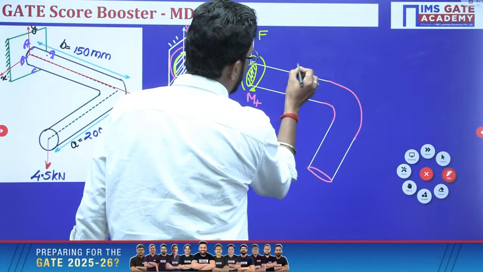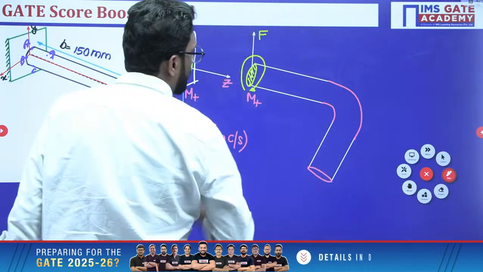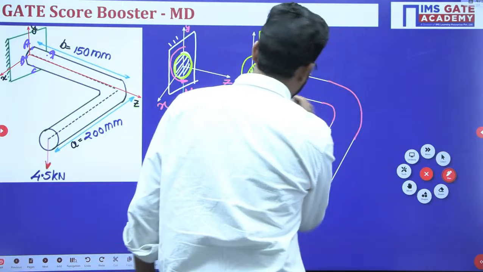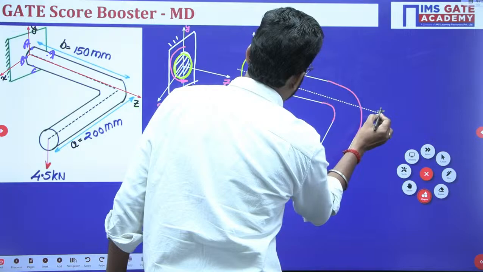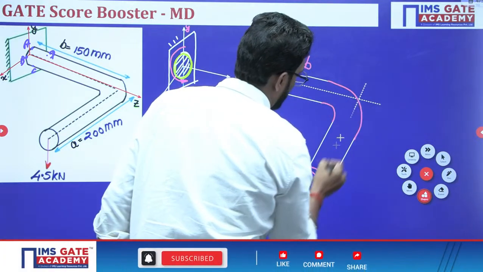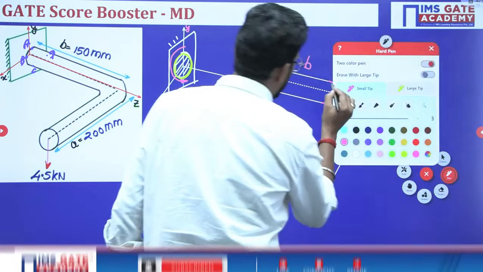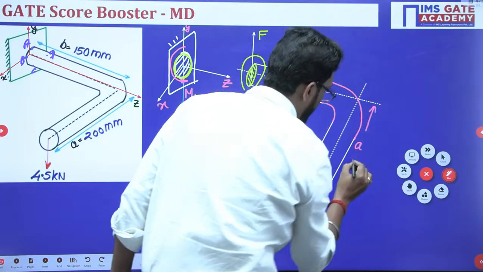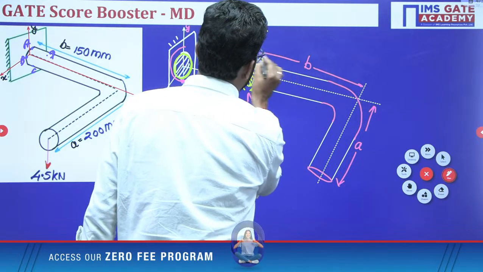This length is L, B it is given, no problem. This is your B, and this length is your A. This end is A, this end is your B. Okay?